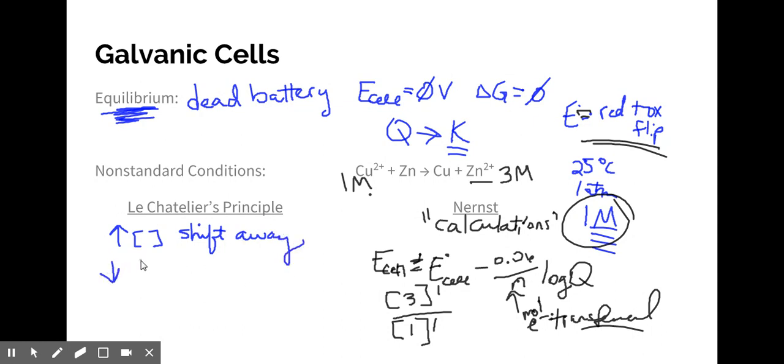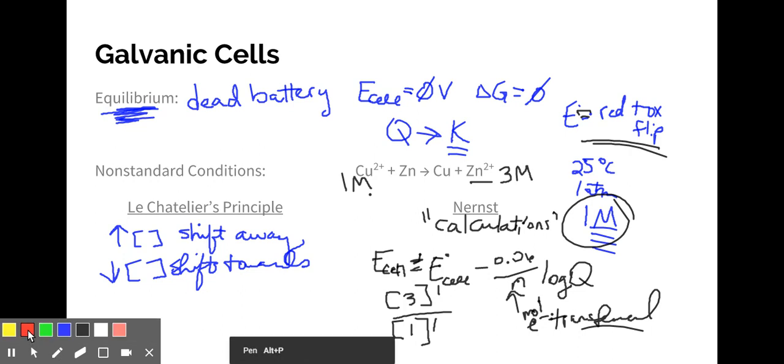Anytime I decrease a concentration, I am going to shift towards. All right, now when I say shift away, I shift away from wherever I'm increasing. When I say shift towards, I'm shifting towards wherever that decrease is.